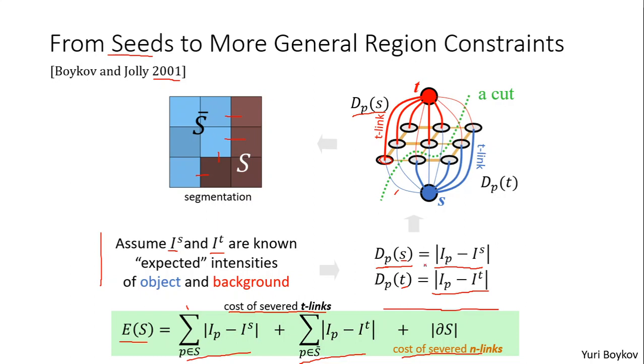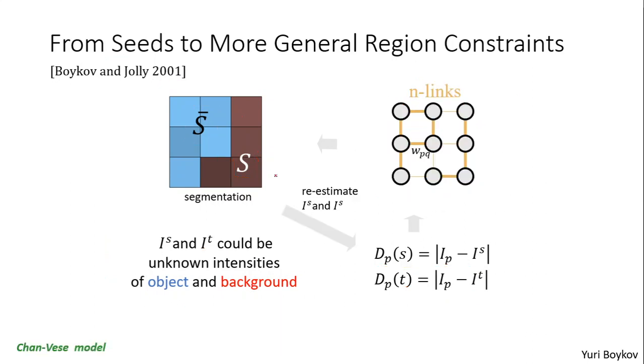These ones you can see, the DPS values are considered in this for pixels that belong to S and for pixels that belong to S bar. So you can see these two regions. I hope you understand the cost function that comes out of that.